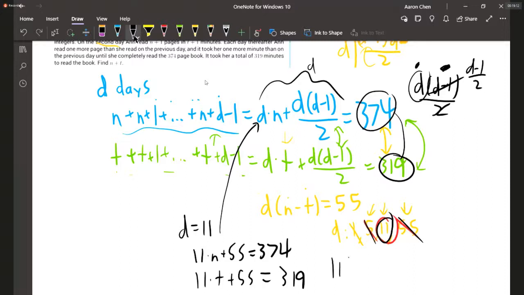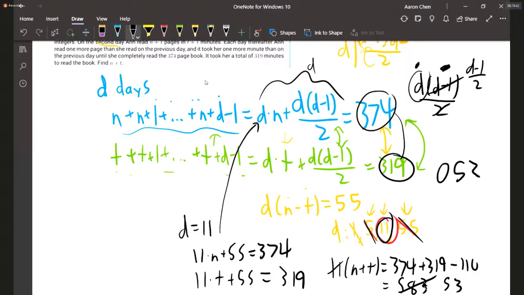And then so 11 times n plus t is 374 plus 319 minus 110, which is, and the right hand side is simplifiable to 583. And when you divide out 11 from this, you get that n plus t is equal to 53. And so the final answer is 053 because of leading zeros.